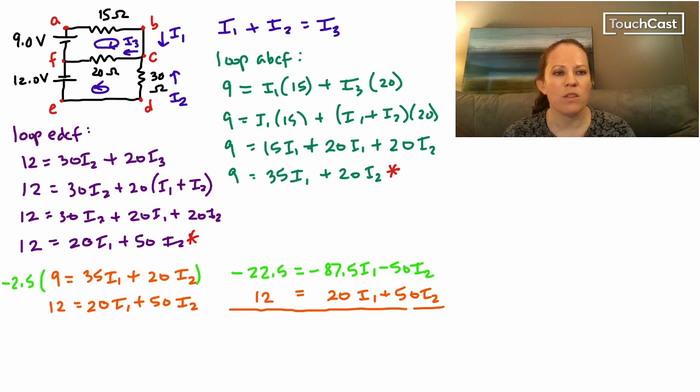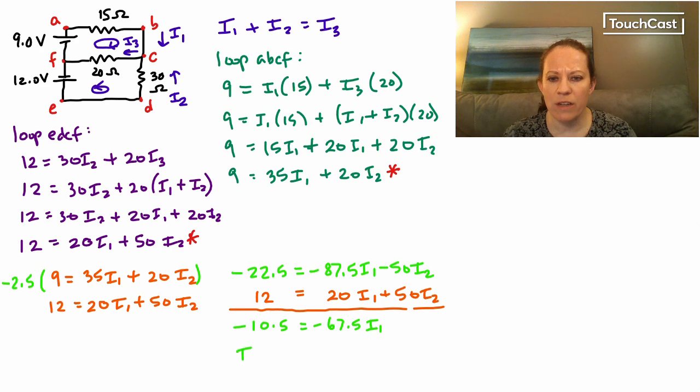And when I combine the 2, I get negative 10.5 is my constant term, equals negative 67.5 I1, and then the 50 I2 in the bottom equation and the negative 50 I2 in the top equation have added up to 0 I2.